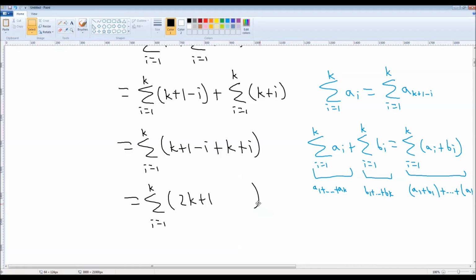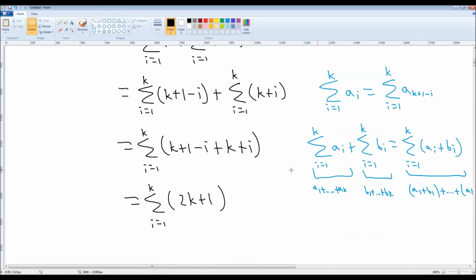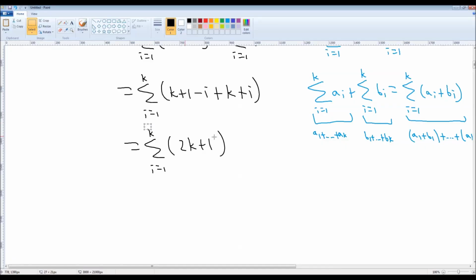And now we can use another property of sigma here. Notice the i is not in here, and k is a constant, right? k is fixed. So when you have, let me write it again in blue. We can use another basic property of sigma that if you have the sum from 1 to k of just some number, let's call it c, this is equal to c times k.